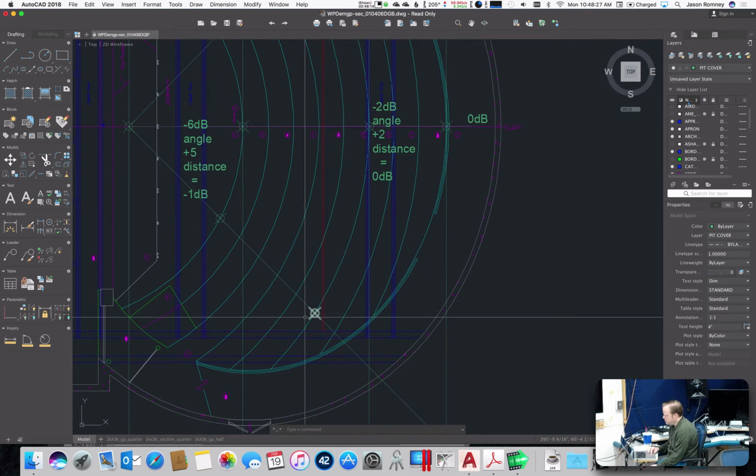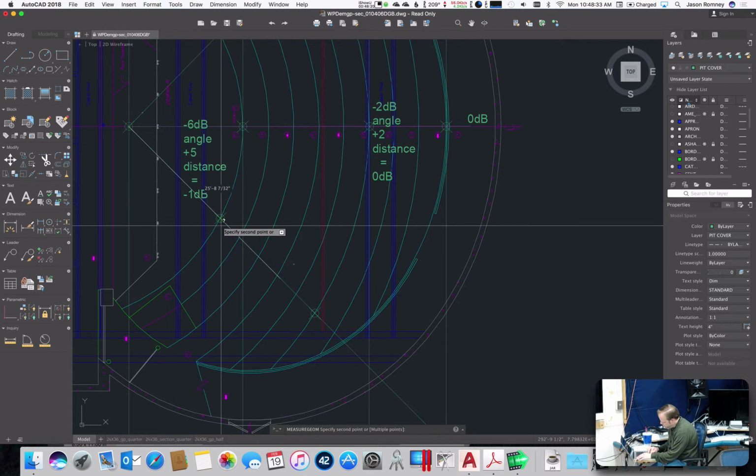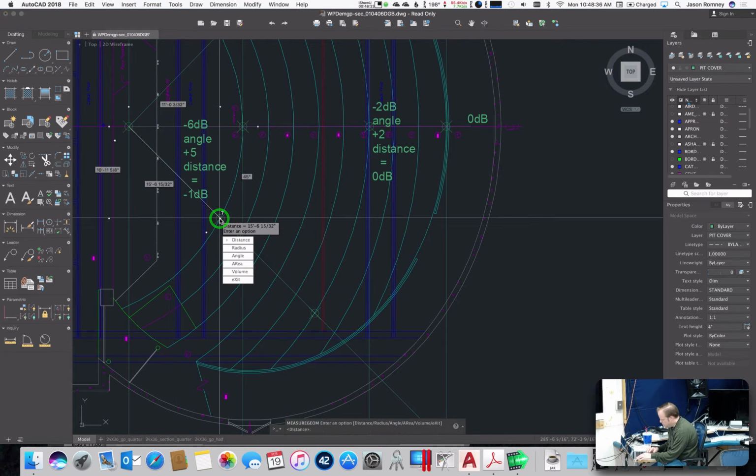Because the front row at that seat is not 15 feet 6 inches away. Do you understand why? Somebody tell me why. CAD just told me it's 15 feet 6 inches. So why is CAD lying to me?